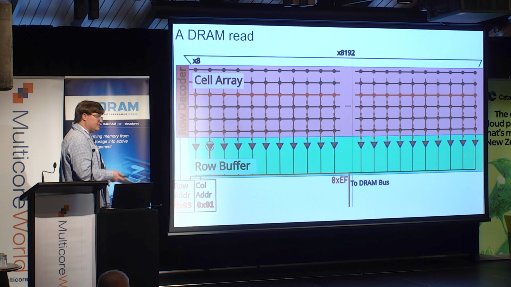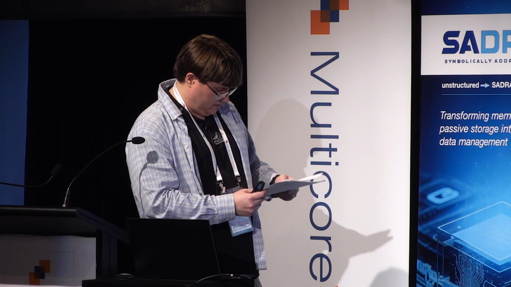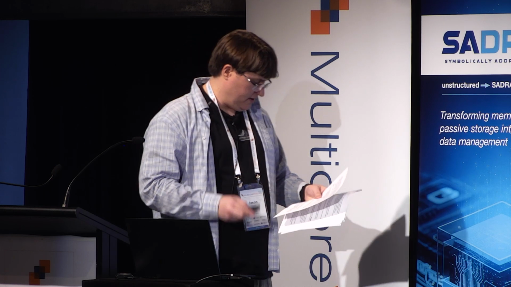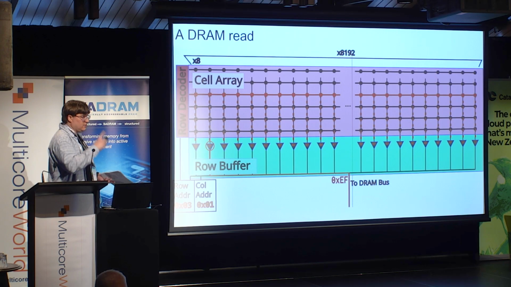And there they stay while the row is open. While the row is open, you may be familiar with the terms cache hits or cache misses. This is what they're talking about.